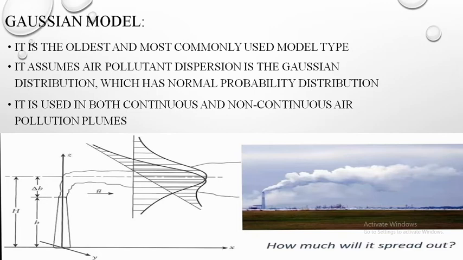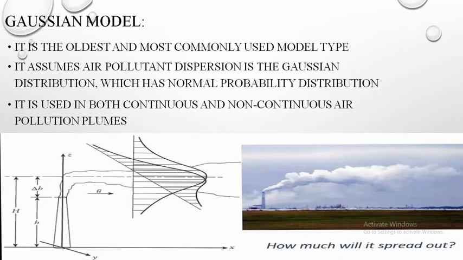Capital H is equal to small h plus delta H. Refer to this figure on the left side. Small h is the physical stack height. Delta H is the plume rise. The summation of these two is the effective stack height.